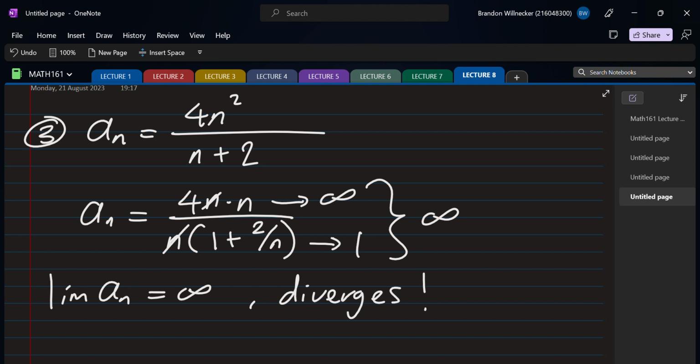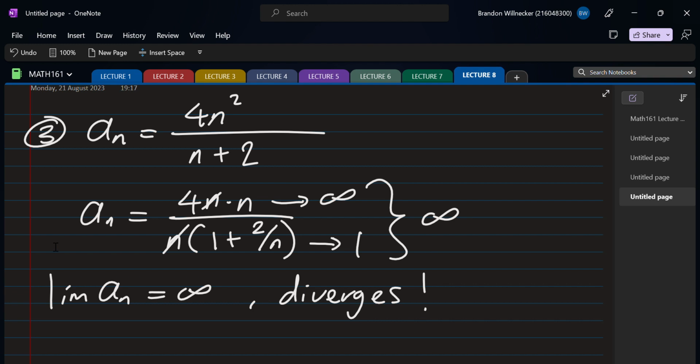Remember, if the limit goes to plus infinity or it goes to minus infinity, it diverges. Also, if you have one of those alternating sequences, then it will also diverge. And that's just from the definition of convergence.